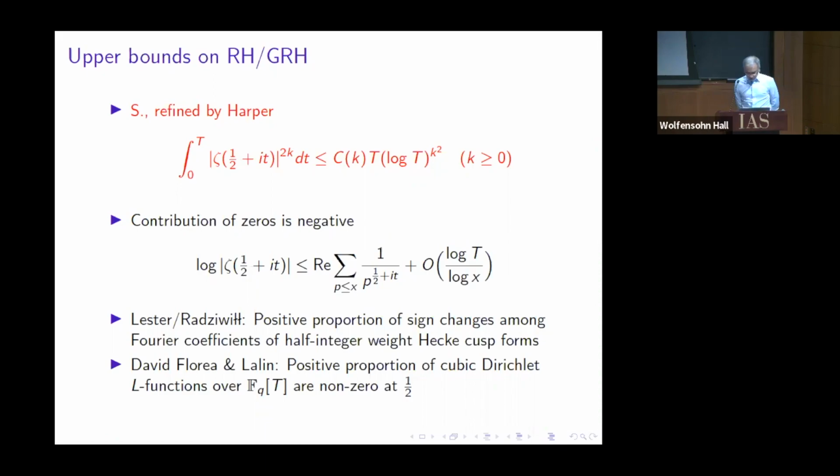Another recent application is by David, Florea, and Lalín. They showed that if you take cubic Dirichlet L-functions over the function field, where you know the Riemann hypothesis, so this is an unconditional theorem because we know GRH in this case, then you can get a positive proportion of these L-values being non-zero at the central point.